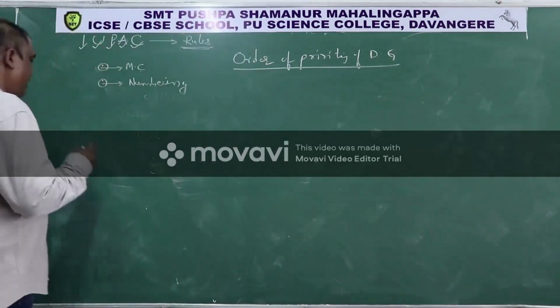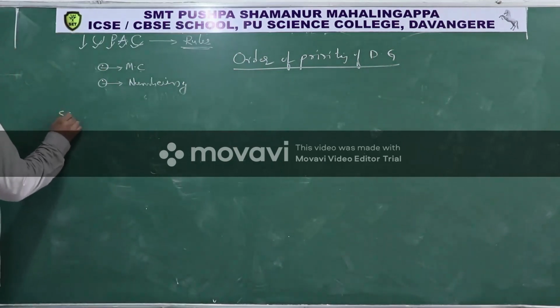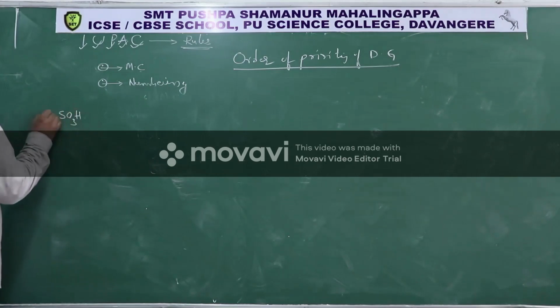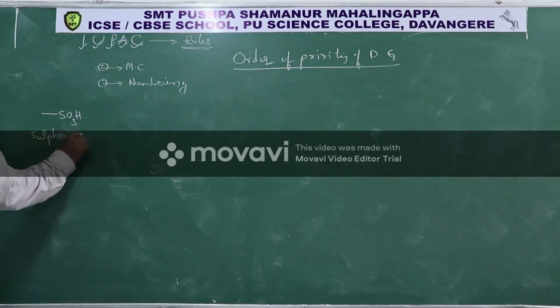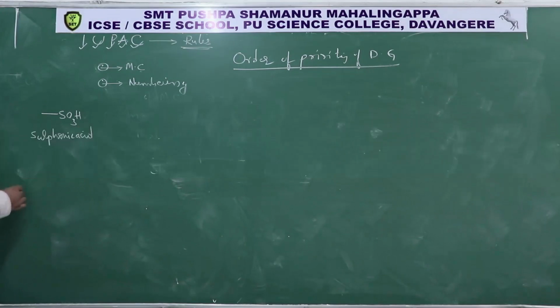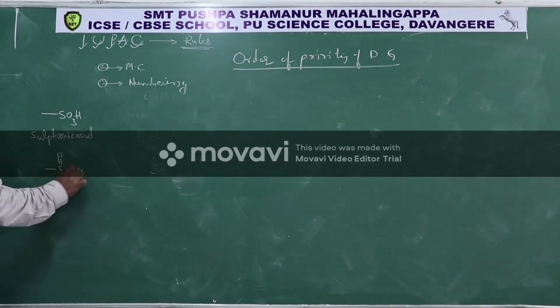So now this is the SO3H group. It is called sulfonic acid group. Its structure is S double bond O, double bond O, OH. This is of highest priority.